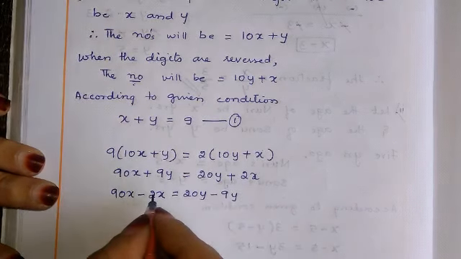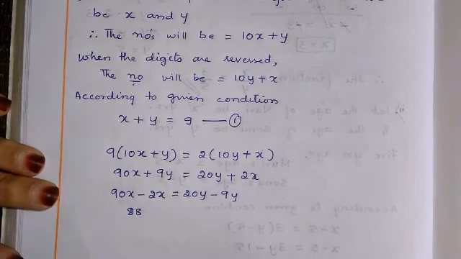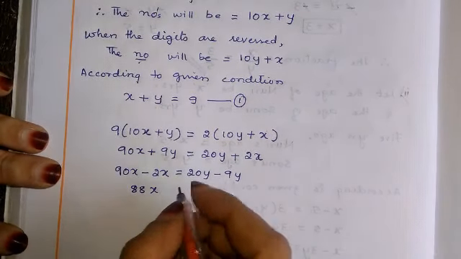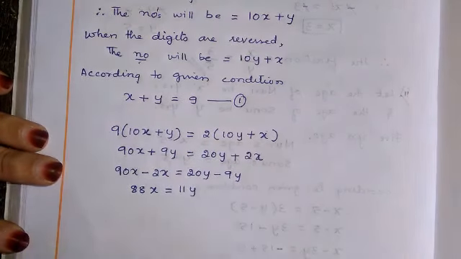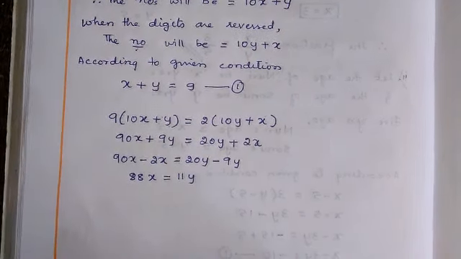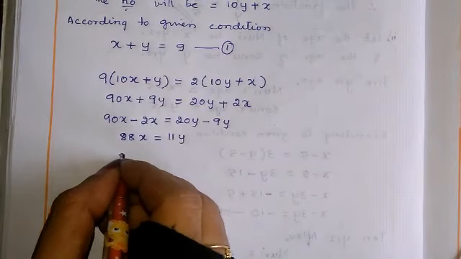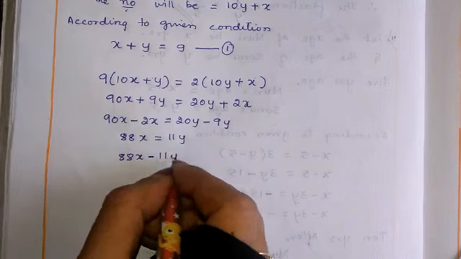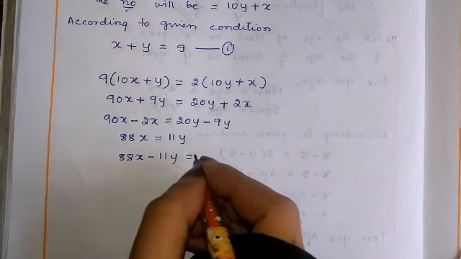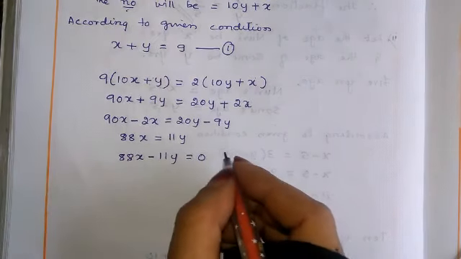So 88x is equal to 11y. We will write it in the general form: 88x minus 11y is equal to 0.